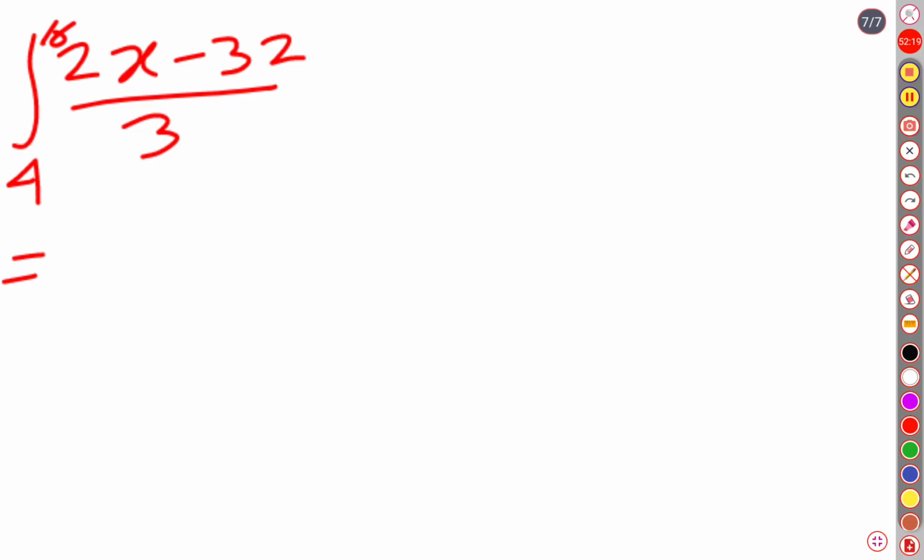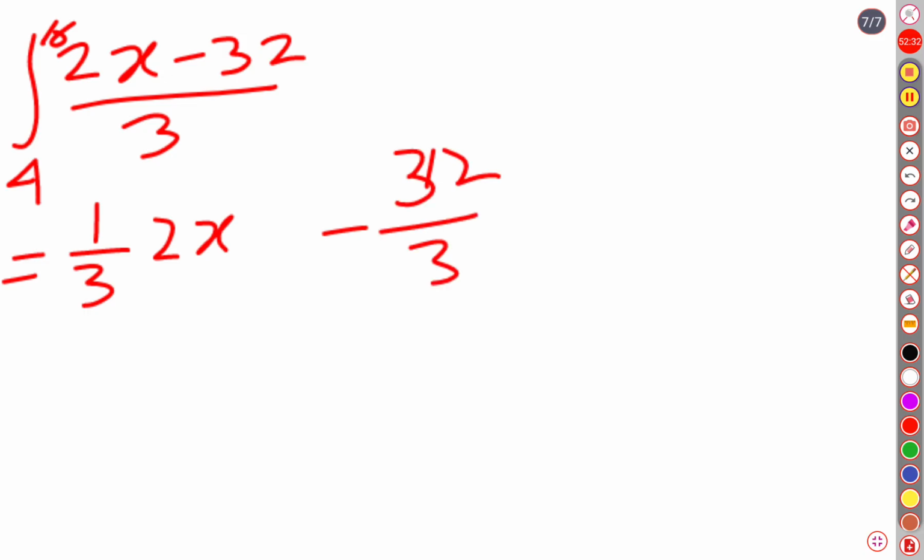It is going to be the one third, and this one third will be shared by both of them. This is 2x, and this is 32 over 3. Here our function is x, and here our function is 2x. So these two can be written over here, and our limit is from 4 to 16.